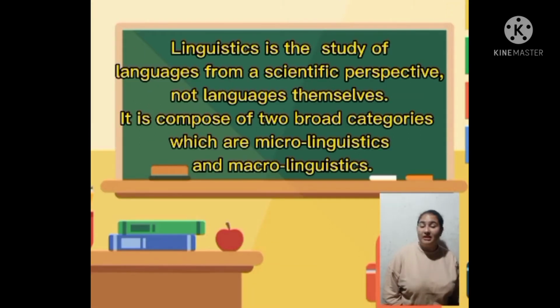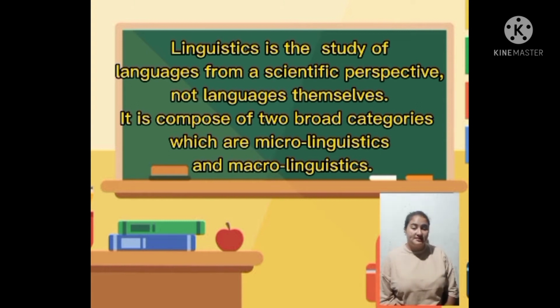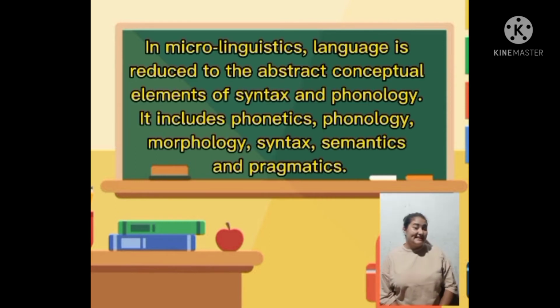Linguistics is the study of languages from a scientific perspective, not languages themselves. It is composed of two broad categories, which are microlinguistics and macrolinguistics. In microlinguistics, language is reduced to the abstract conceptual elements of syntax and phonology.